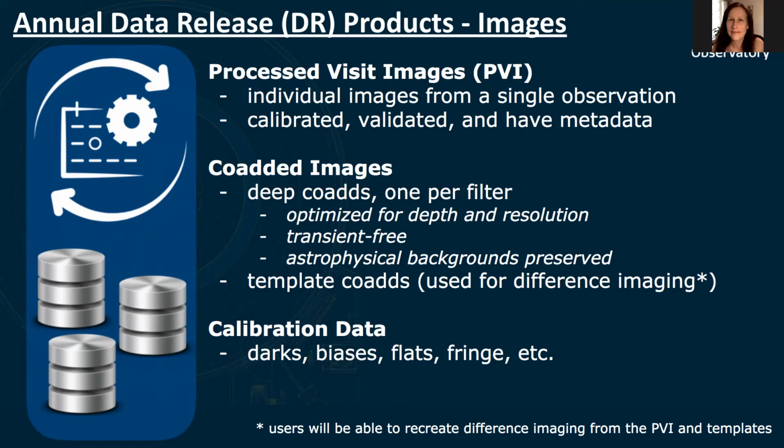The primary type of co-added image is one deeply co-added all-sky image per filter that has been optimized for depth and resolution with transient flux removed and the astrophysical background preserved. The template co-adds for difference image analysis will also be available, as will calibration data such as darks, flats, and biases.